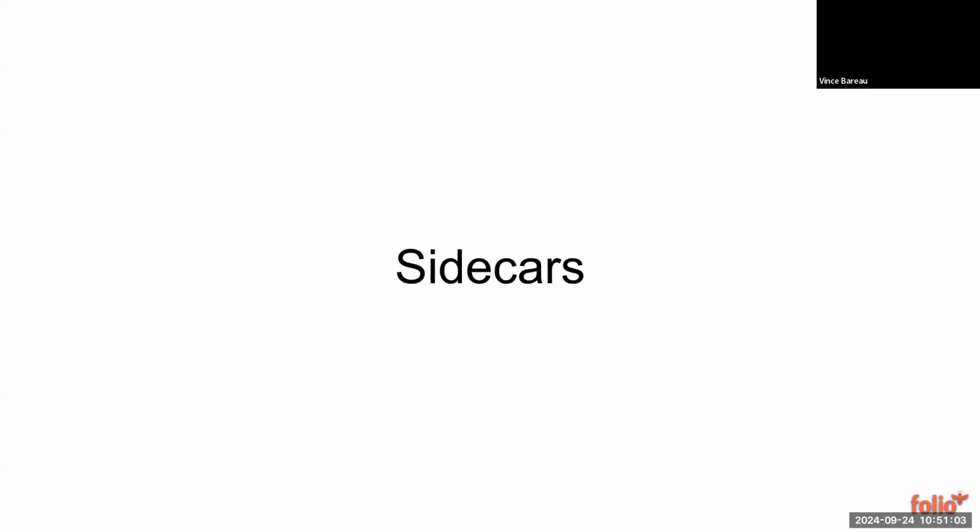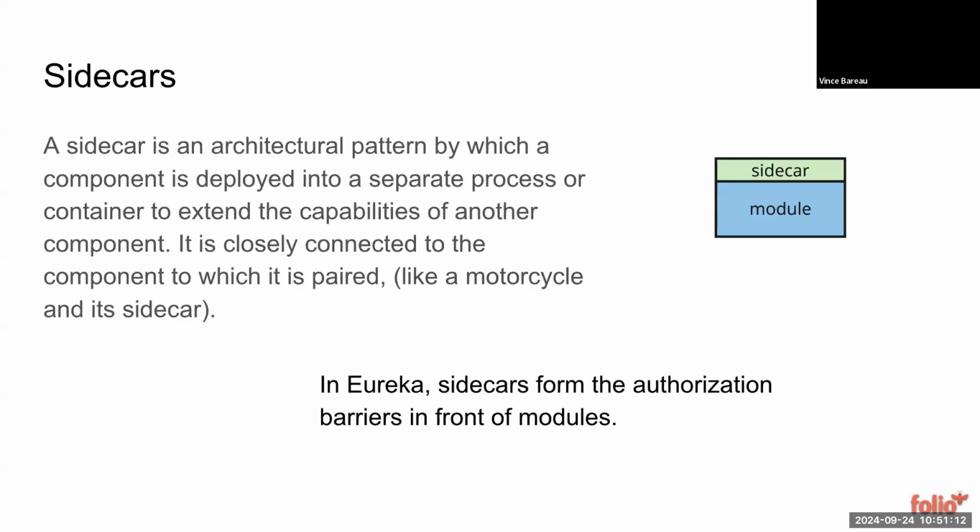All right, let's talk about sidecars for a little bit. Sidecars are a new concept that we're introducing here. They're an architectural pattern where, if you imagine, we have modules in Folio that conduct certain operations. You've got APIs that let you put this and get that. But the modules themselves are not really concerned about security.